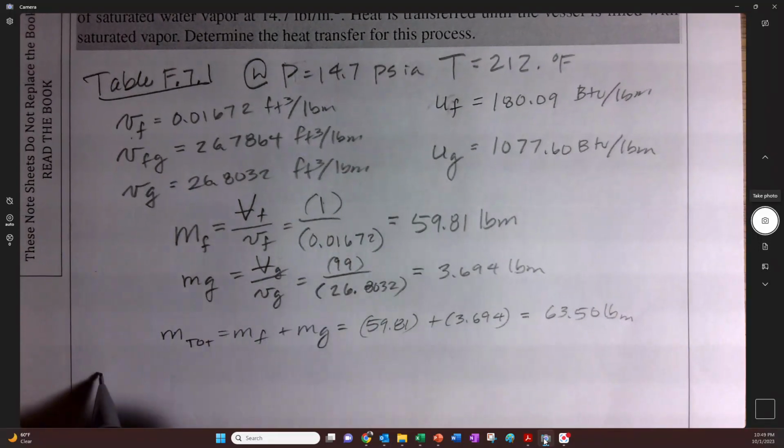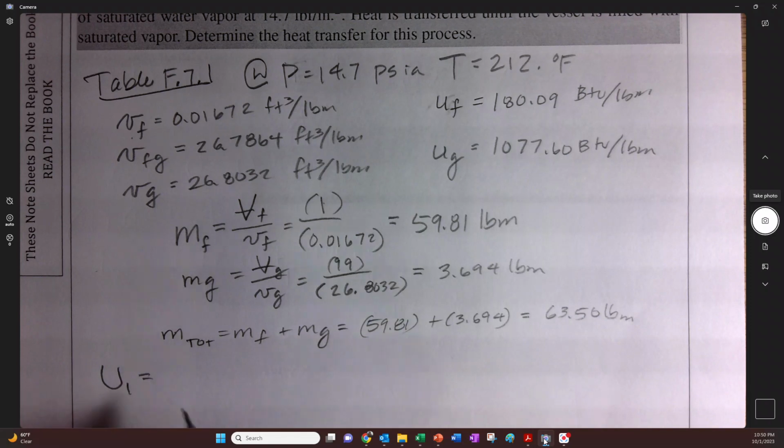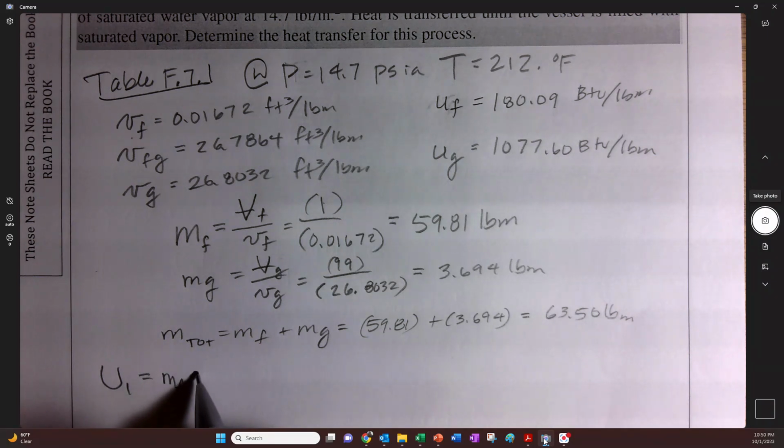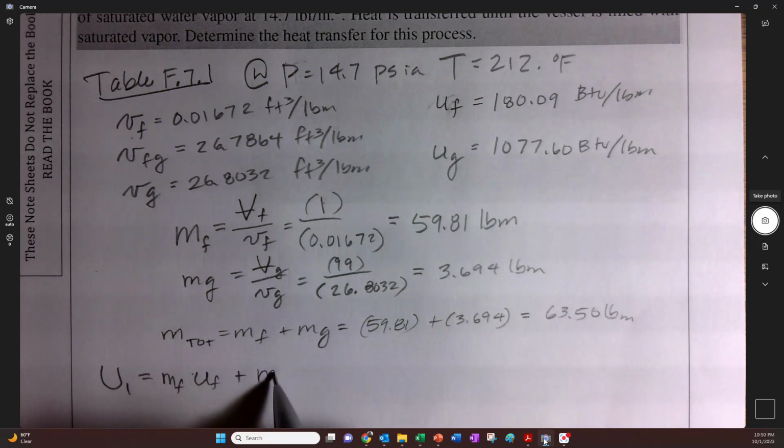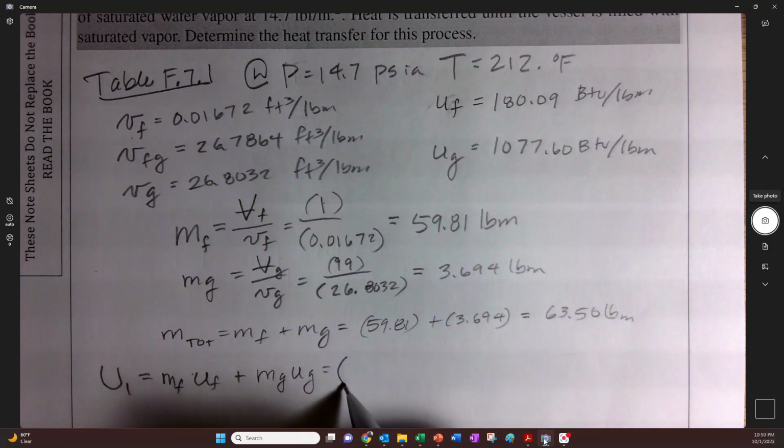Okay, so the initial internal energy is going to be M fluid times U fluid plus M gas times U gas.